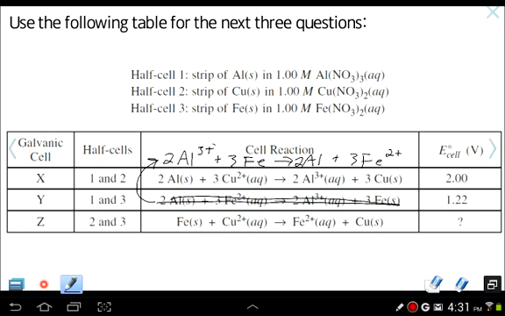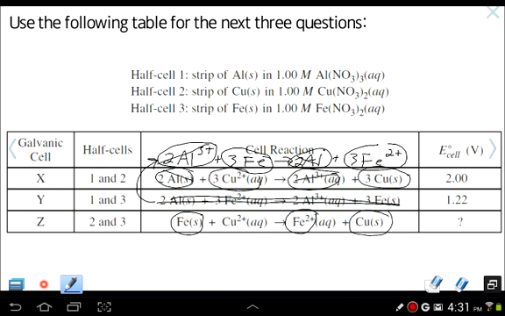Notice my 3 aluminums still cancel out, and my 2 aluminums still cancel out. And now I do have 3 iron on the left side, which matches the iron on the left side. I have 3 iron 2+ on the right side, which matches. And I have 3 copper matches, and 3 copper 2+, and the copper matches.